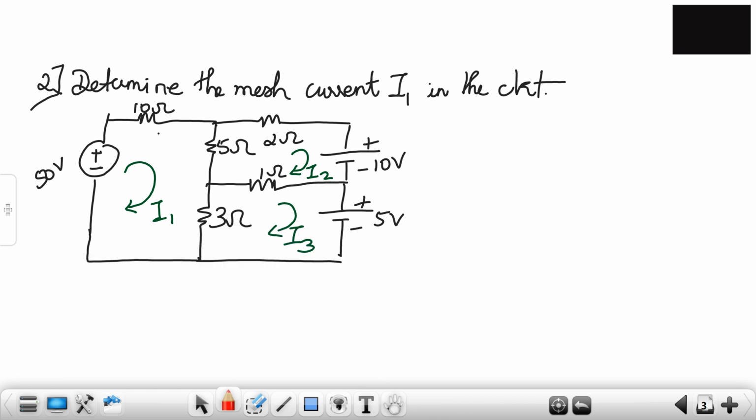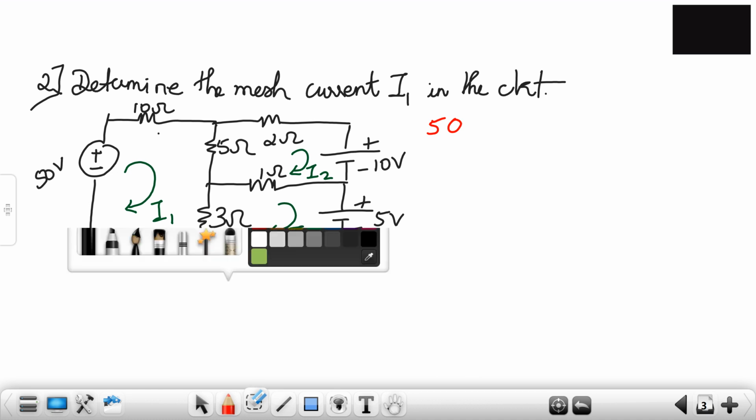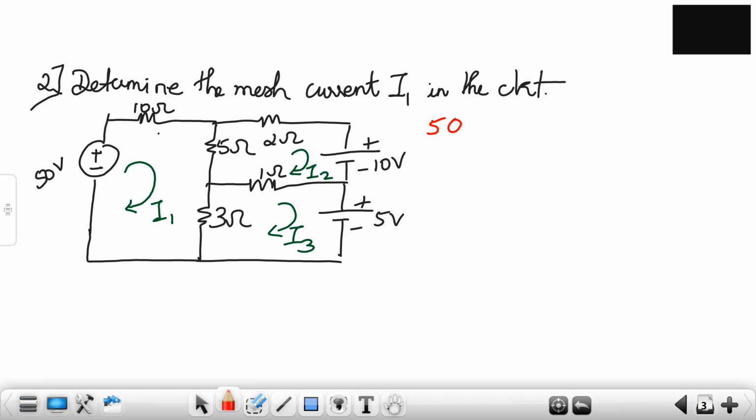Now when we talk about loop 1, it is this loop. So it will be 50 volts minus 10 I1 minus, now over here if you notice, 5 is common to loop 1 and loop 2.